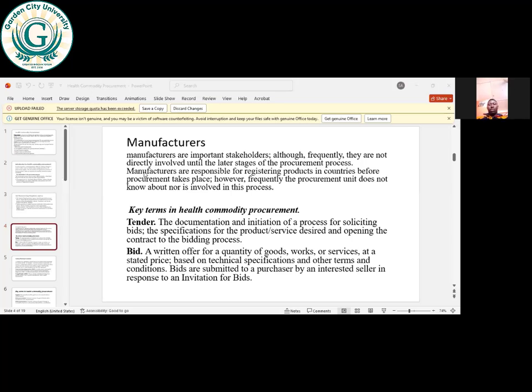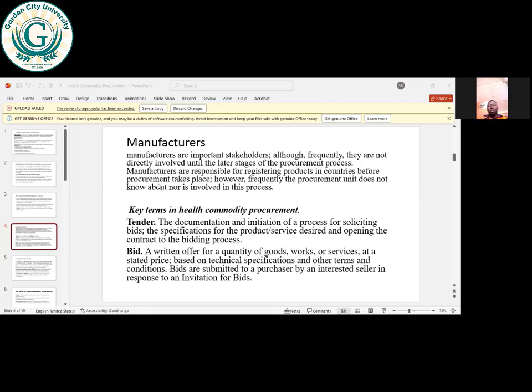So that is the role of the manufacturer. As they manufacture their product, they ensure that they've gone through all the processes, all the tests, or everything that they need to do for the product to be registered in the country before it can be imported.